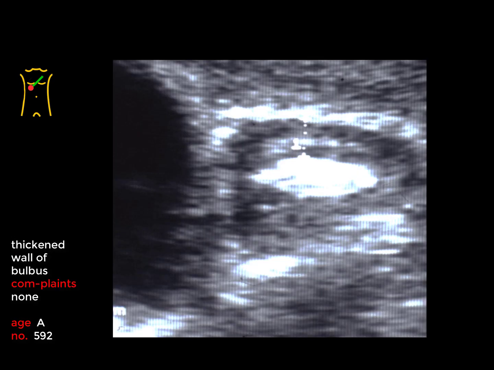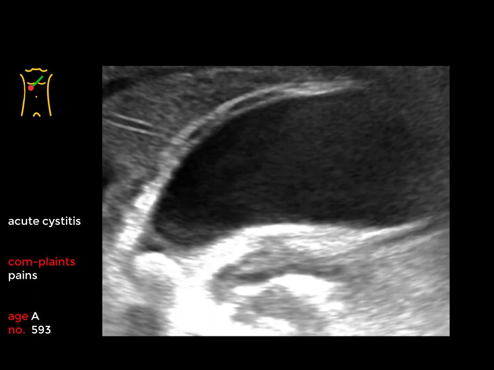Thickening of the wall layers here in case 592 shows the seldom duodenal manifestation of Crohn. Acute cholecystitis of lithogenic origin in case 593 again.